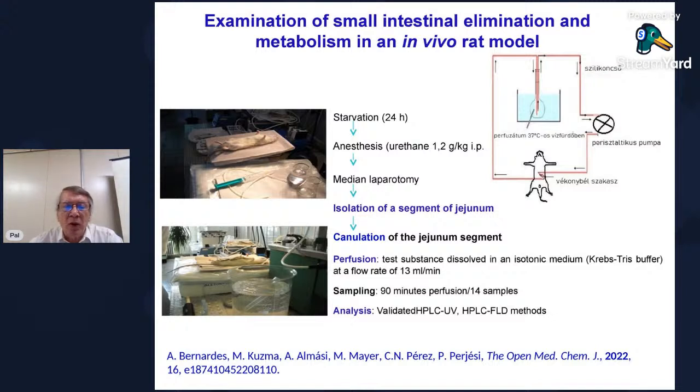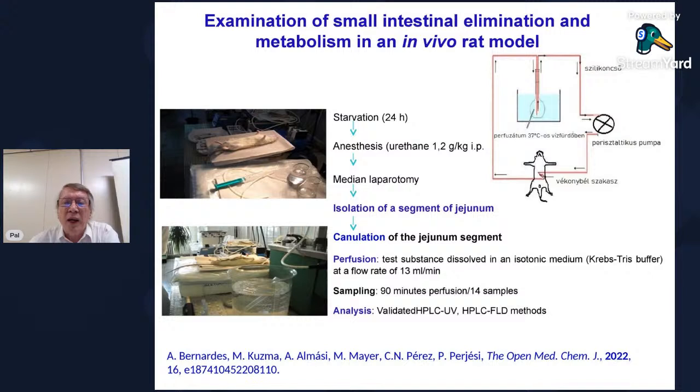This experimental protocol uses rats from which the food was withdrawn 24 hours before the beginning of the experiment. Afterward, they were anesthetized, and after a median laparotomy we isolated roughly a 10 centimeter segment of the jejunum, which is the upper part of the small intestine.